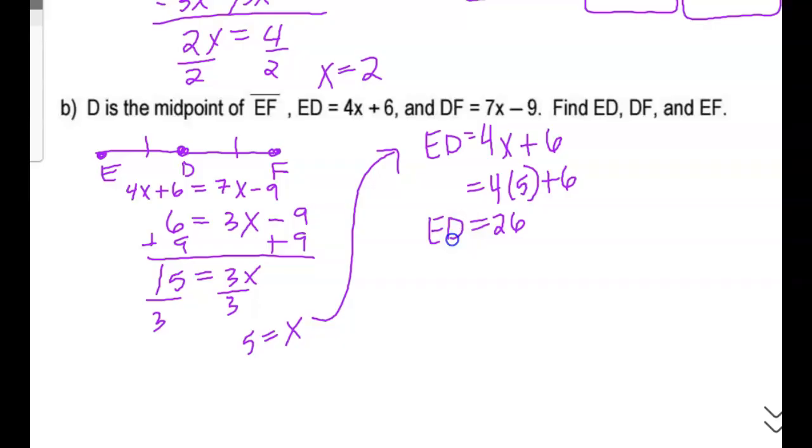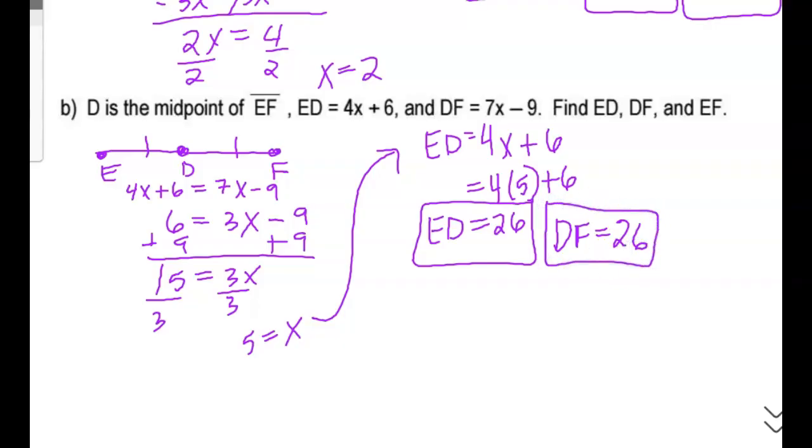And since you know that, are you able to find the other side? Yes. BF is also 26. So then what is the total? 52. Good job.